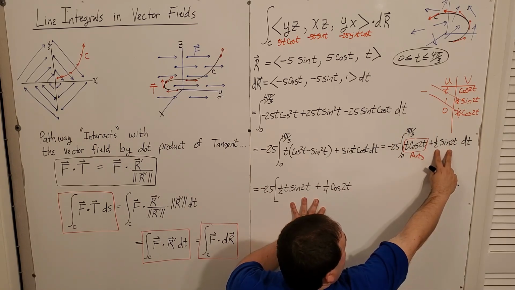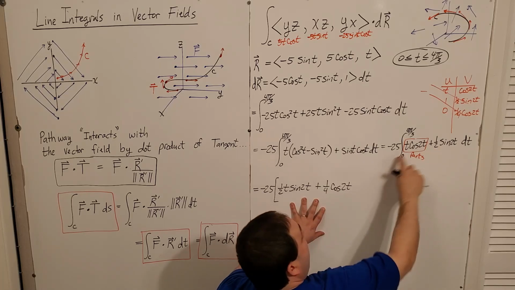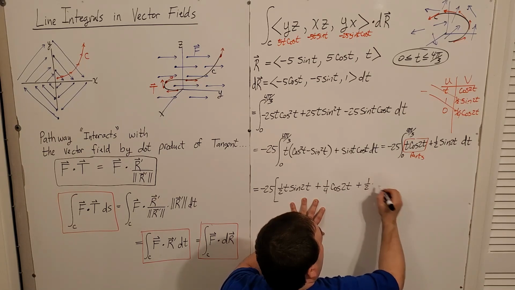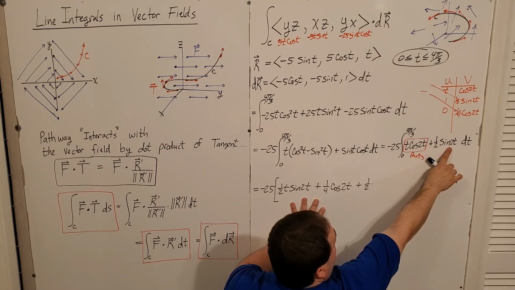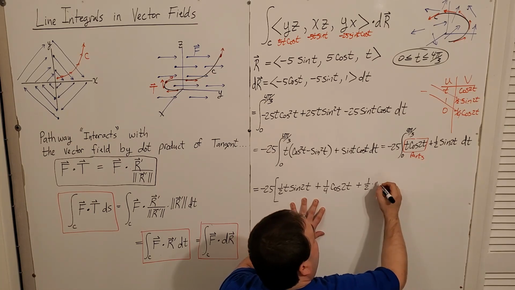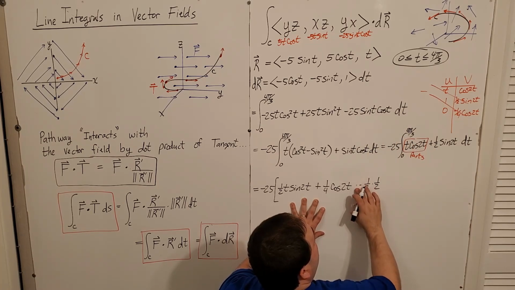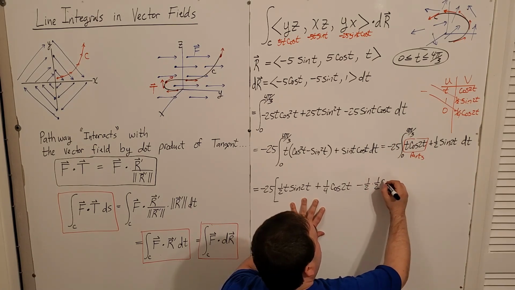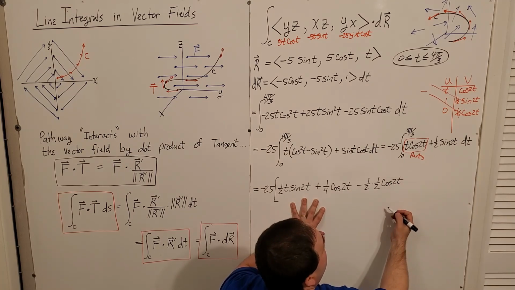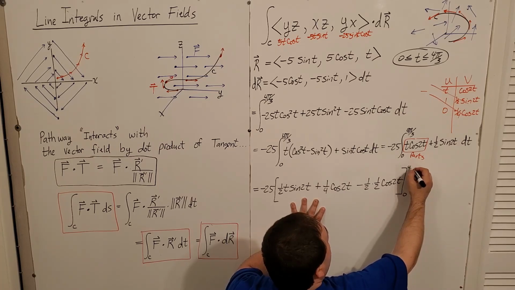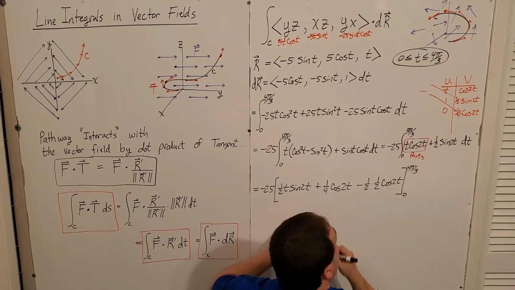Now I'm doing the antiderivative of this. The 1/2 is along for the ride, and when I do the integration with the inside derivative of 2, I get another 1/2, and the integral of sine is negative cosine 2t, right? And that's going to be evaluated from 0 to 4 pi over 3.